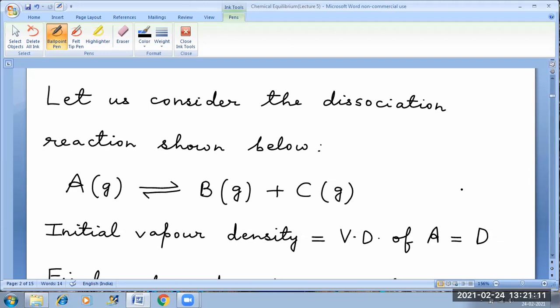B and C are not present initially. So A is present initially. So initial vapor density is denoted by capital D.